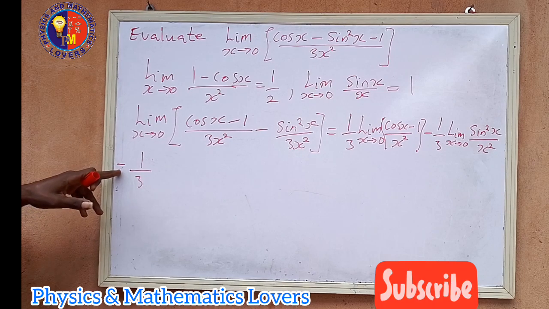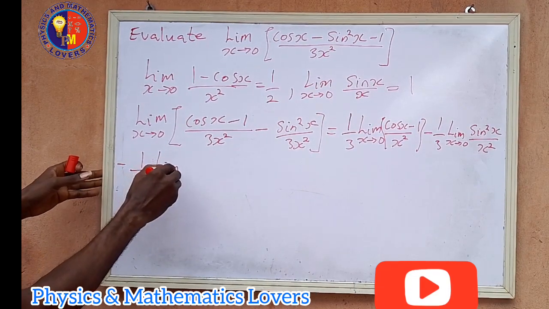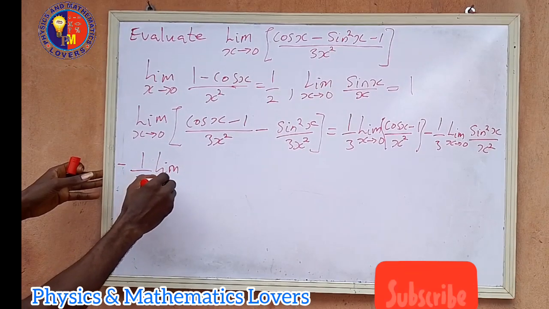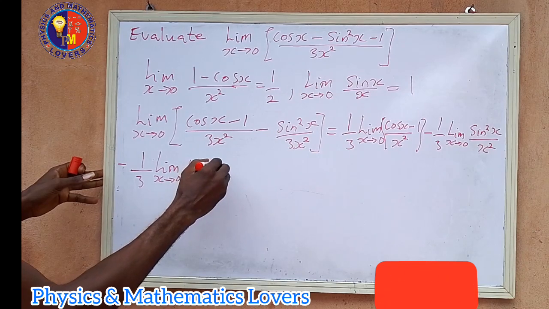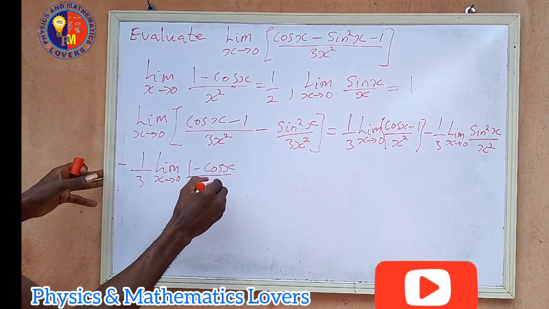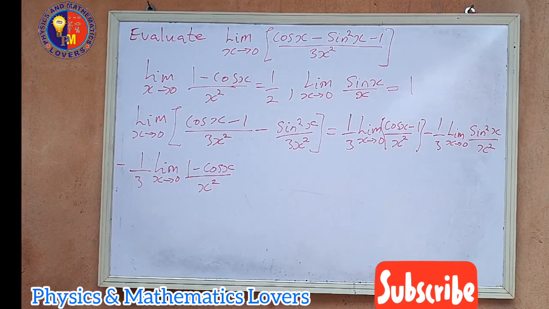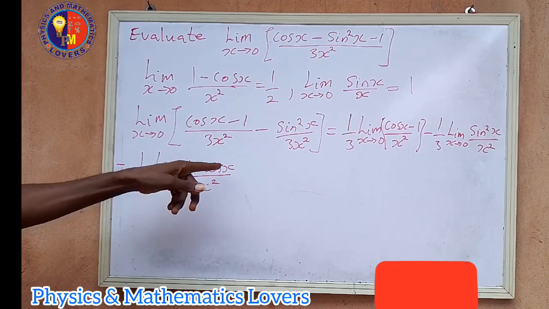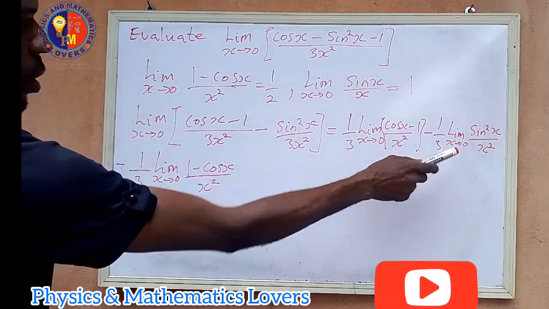It will become minus 1 over 3, multiplying the limit as x tends to 0. Then this up will now become 1 minus cos x all over x squared. So I have achieved that: 1 minus cos x all over x squared. I have achieved that.